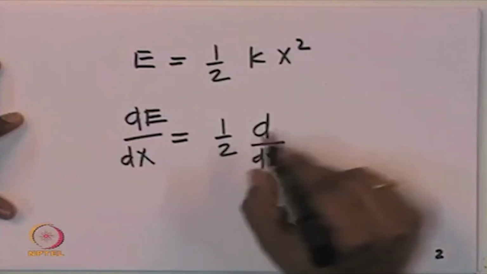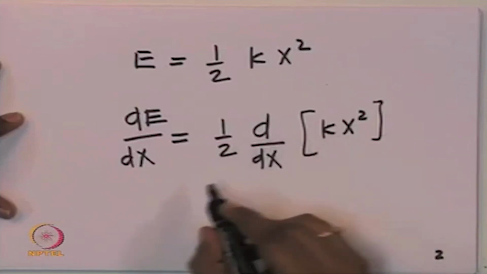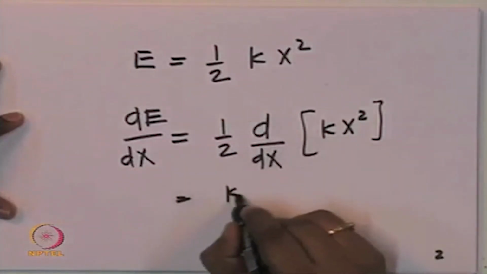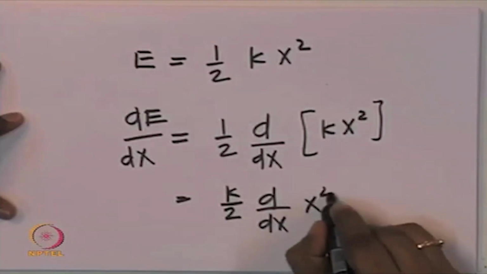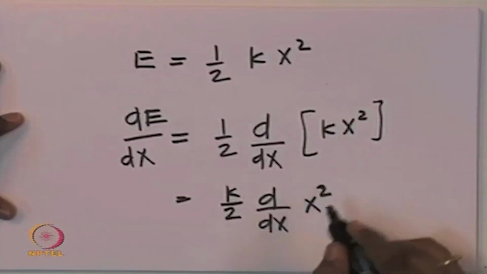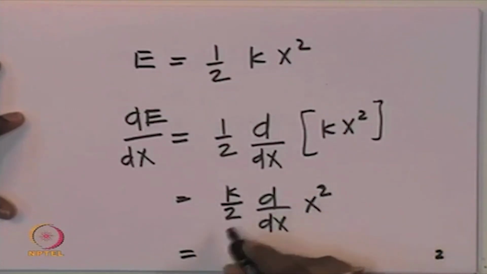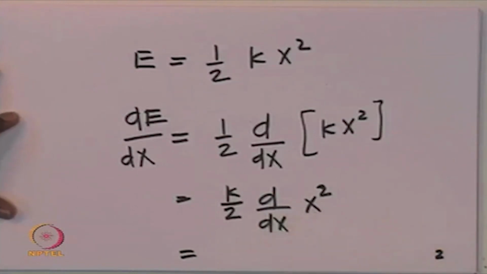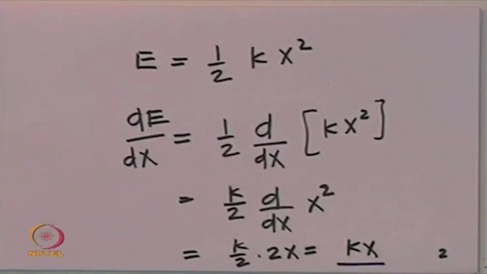Half is a constant, so you can take it outside. k is also a constant, so you can take k outside as well. So it is k by 2 into d by dx of x square. d by dx of x square is 2x. You know that x power n has derivative n x power n minus 1. So it is k by 2 into 2x, which is kx. So this is the derivative of half k x square, which is kx.